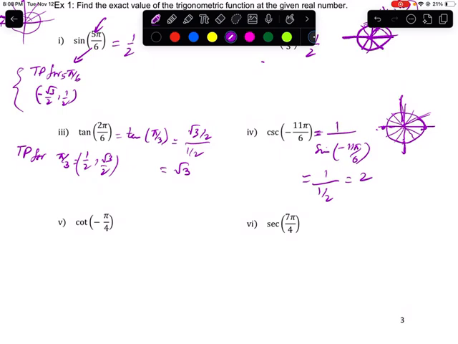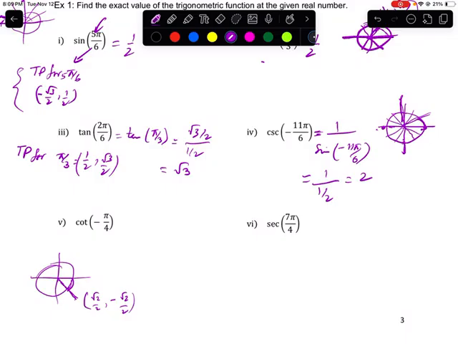Okay, next is cotangent of negative pi over 4. Okay, where is negative pi over 4? So negative pi over 4 is over here, just this much. So what are the coordinates here? Square root of 2 over 2, comma negative square root of 2 over 2. Cotangent is, now you can think of it in different ways. You can say cotangent is x over y, or you can say cotangent is cosine over sine.